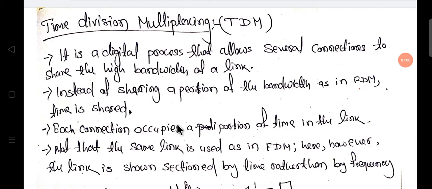Each connection occupies a portion of time in the link. Note that the same link is used as in FDM, however, the link is sectioned by time rather than by frequency.